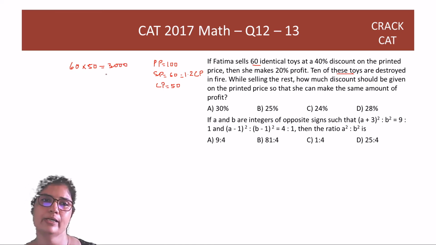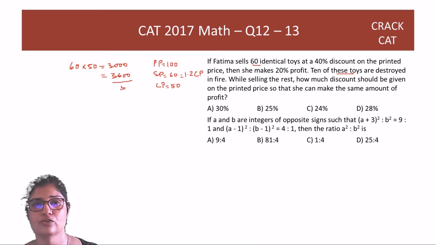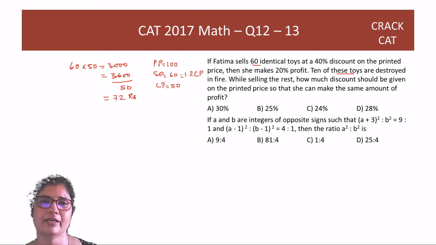On this she wants 20% profit, so that means it should be sold at 3600. Is she selling 60 items at 3600? No, 10 of them got destroyed. So 50 is what she's selling to get 3600. So per item she should charge 72 rupees. Which means if the printed price is 100, then she should give a discount of 28% to get the 72 rupees selling price, right?